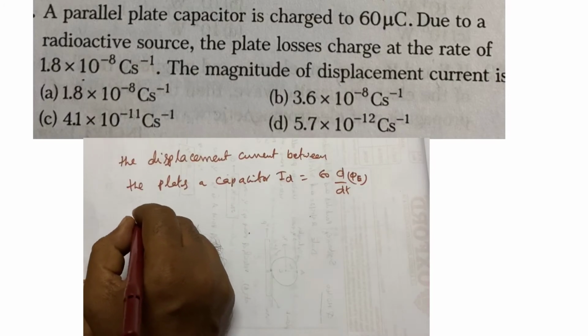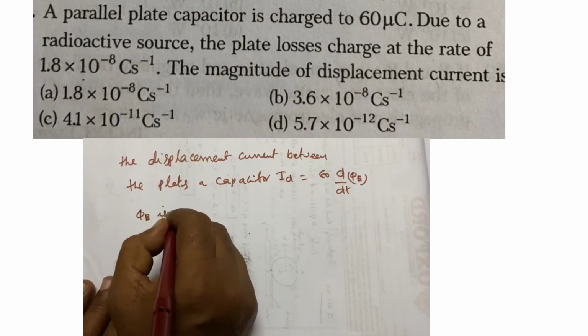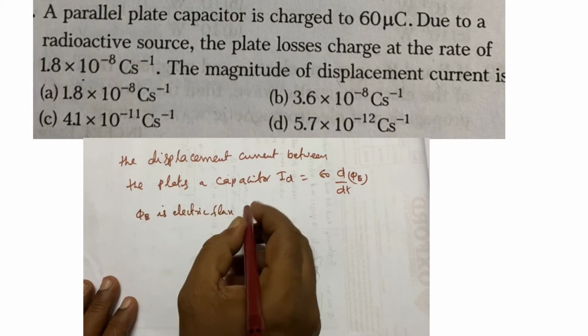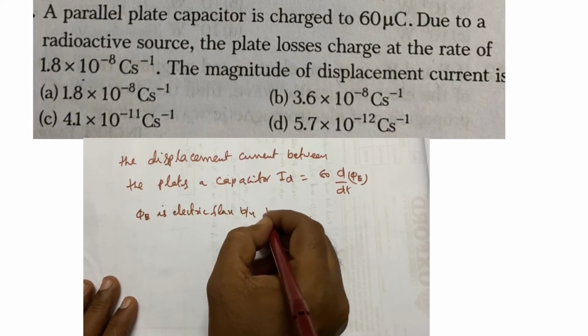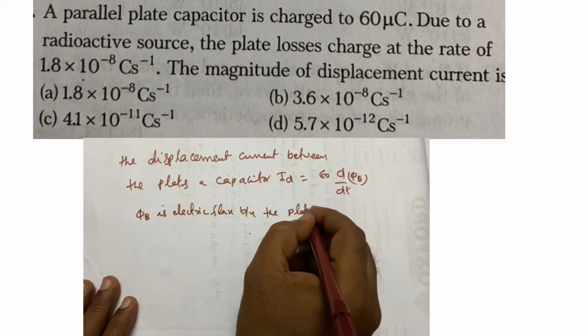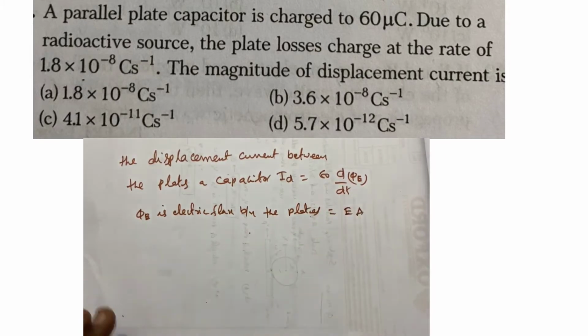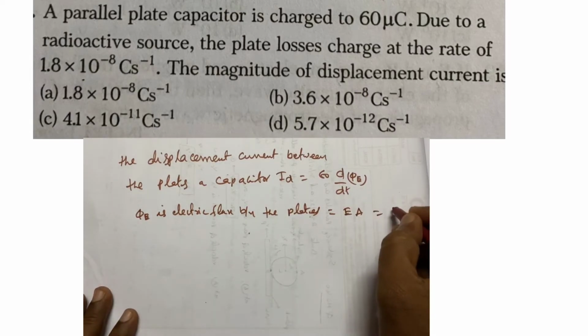That equals E into area. E equals V by D, into A.